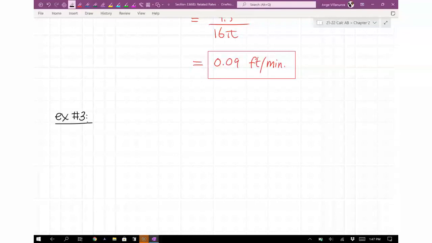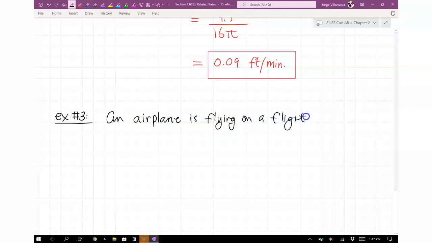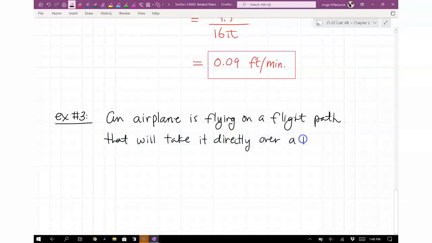An airplane is flying on a flight path that will take it directly over a radar tracking station.